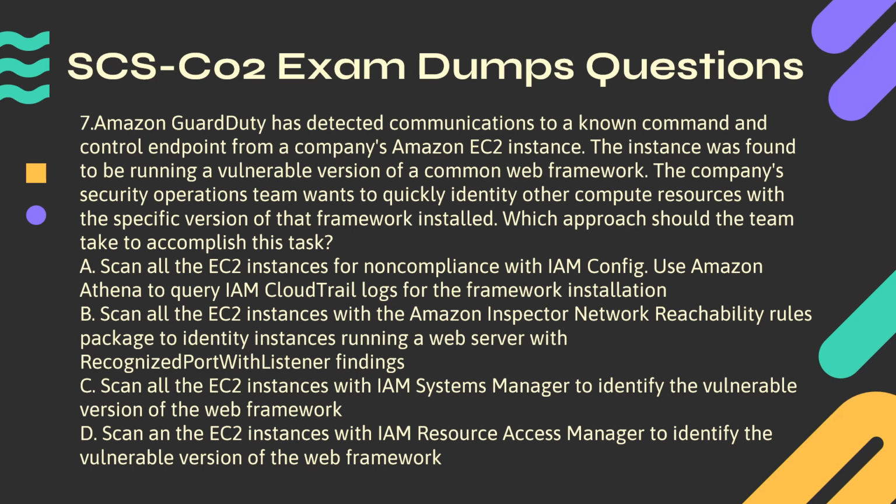C. Scan all the EC2 instances with AWS Systems Manager to identify the vulnerable version of the web framework. D. Scan the EC2 instances with AWS Resource Access Manager to identify the vulnerable version of the web framework.